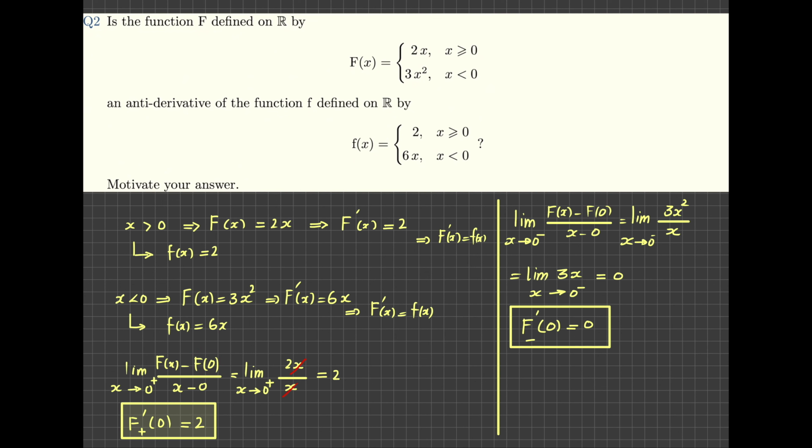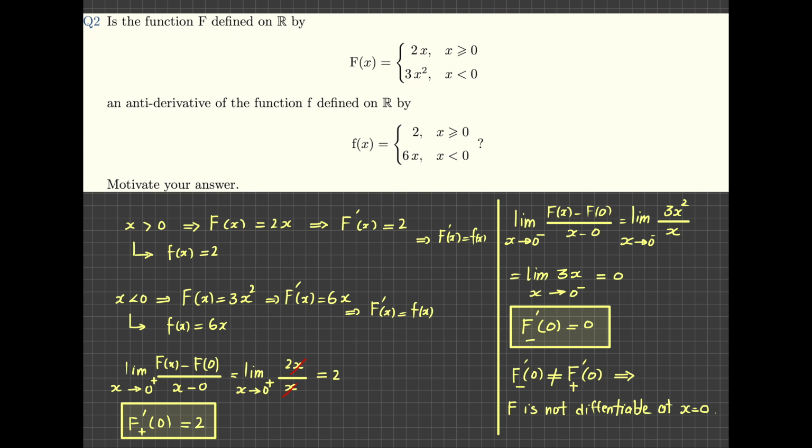And now we realize that the derivative of capital F at 0 from the left is not equal to the derivative from the right. So this means that capital F is not differentiable at 0, at x equals 0.